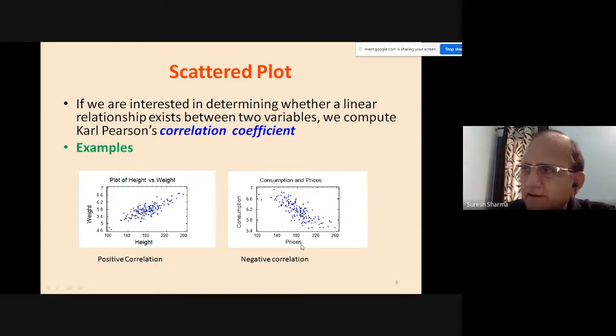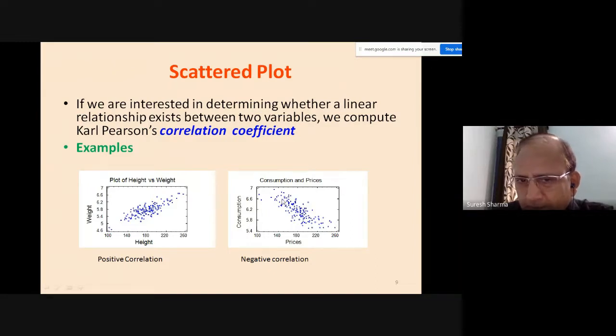Let's look at prices and consumption. Here is prices along the x-axis, consumption along the y-axis. And here you can see points are decreasing. Because when prices become high, consumption will go down. When onion prices in India are above 100 or 150 rupees, people start to consume fewer onions. So points will decrease.